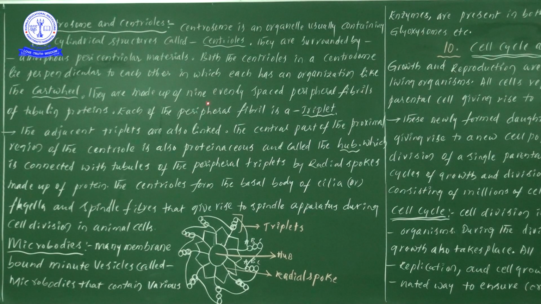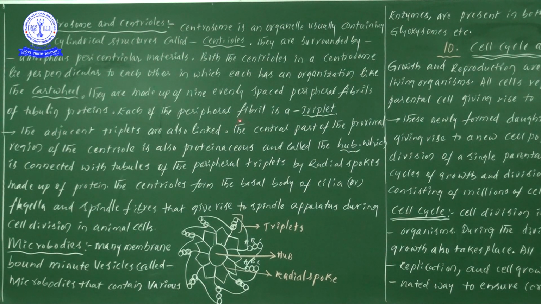Looking at the diagram, let us count: 1, 2, 3, 4, 5, 6, 7, 8, 9. So 9 evenly spaced peripheral fibrils are made up of tubulin protein. This is important, tubulin protein.